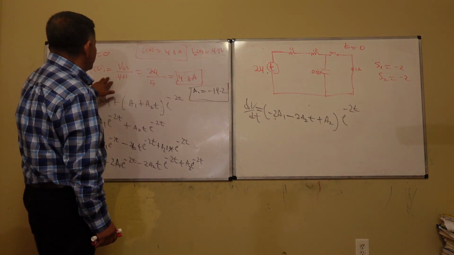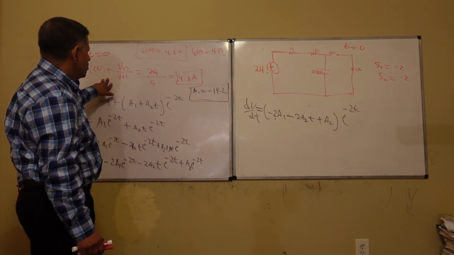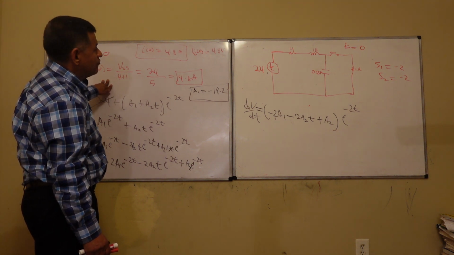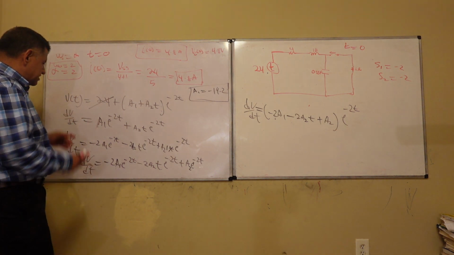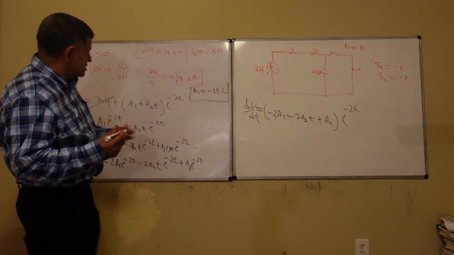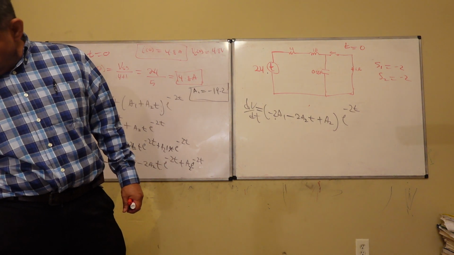Evaluating this guy at 0, we had 19.2 when we did the calculation. I think I erased it, but it was negative 19.2, I believe, because I subtracted it to the other side. No, it was positive.